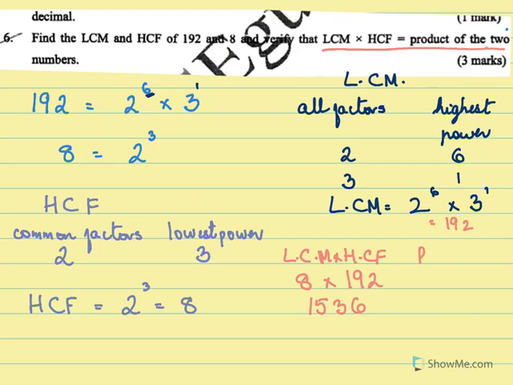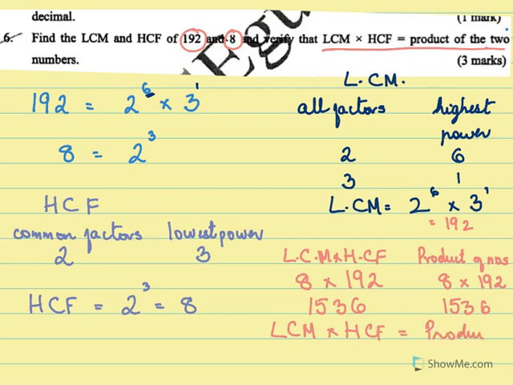Next you have to do product of the numbers. Now the numbers are 8 and 192, which is 1536. So LCM into HCF equals the product of the two numbers.